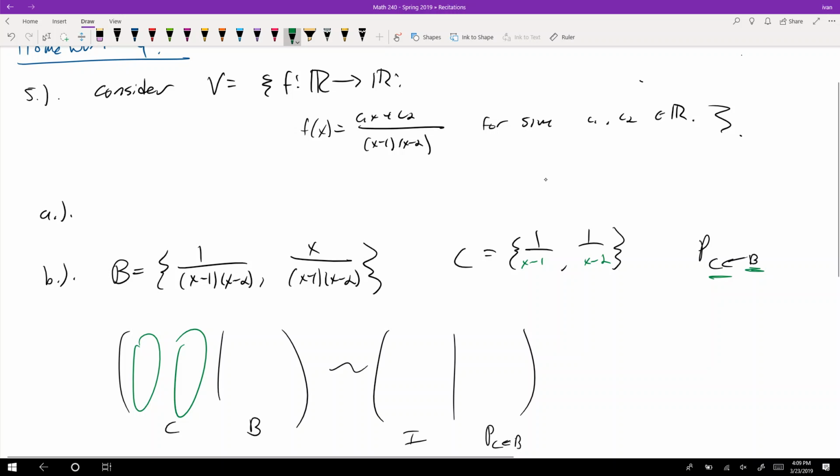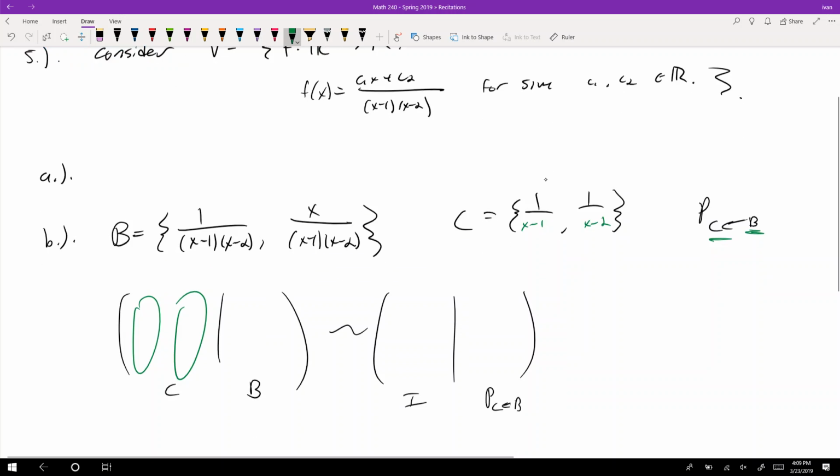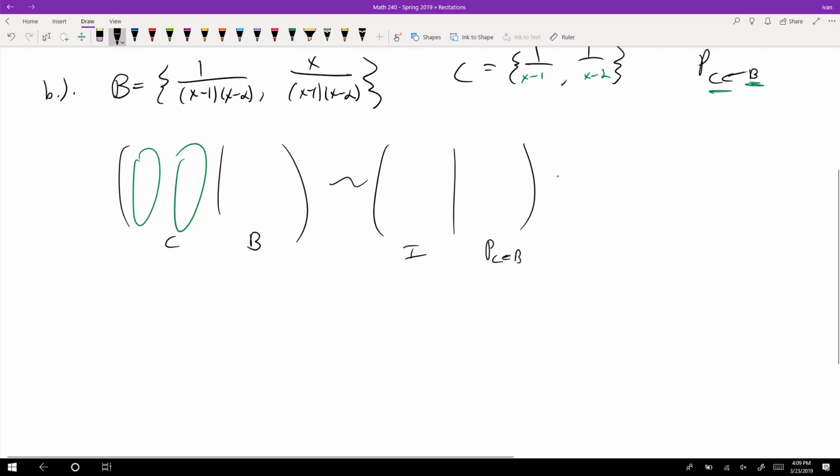So we actually have to do this the normal way of finding change of basis matrices. So P from B to C is equal to some matrix where, okay, and now we need to write, this always takes me a while to figure out, which vectors do we need to write in terms of which bases?